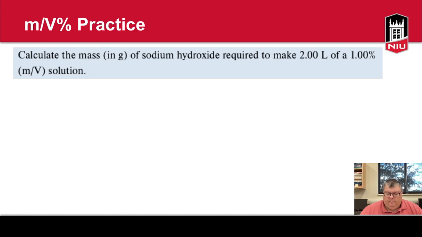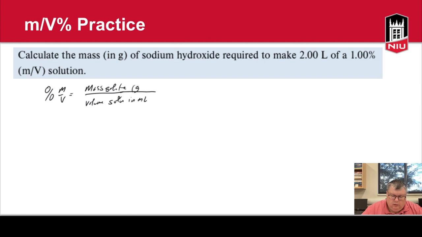Let's do one more. Calculate the mass in grams of sodium hydroxide required to make 2 liters of a 1.00% mass to volume solution. So, remembering that percent mass to volume is equal to the mass of the solute over the volume of the solution in milliliters times 100.